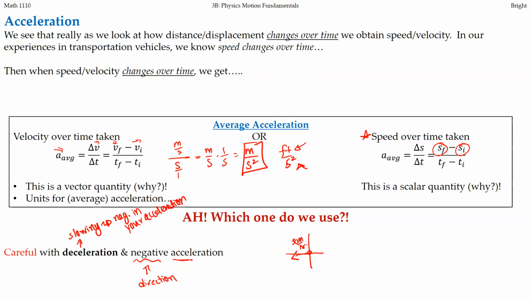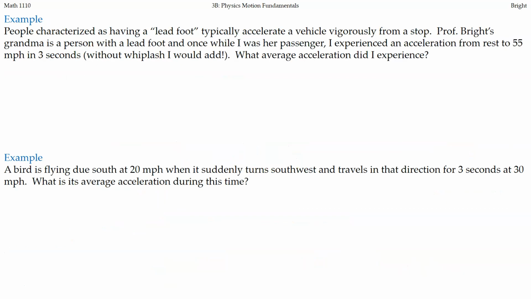This would be a negative acceleration, so it'd be negative 30 miles per hour squared or something like that, but it's only negative because you're going in the negative direction. So something to be mindful of, and we'll get some more practice with this in class. But for now, let's do a couple of examples. I want you to pause the video and see if you can do these on your own, and then I'm going to write out the solutions and explain them.